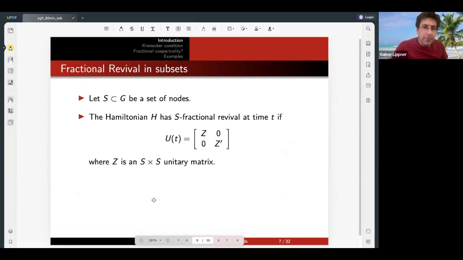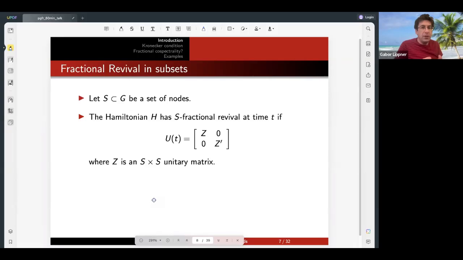Now, when we started thinking about this, we started thinking about it on two nodes, but then quickly realized that we can actually generalize this to a subset of nodes. So state transfer doesn't really make sense for bigger than two vertex subsets, but fractional revival does.